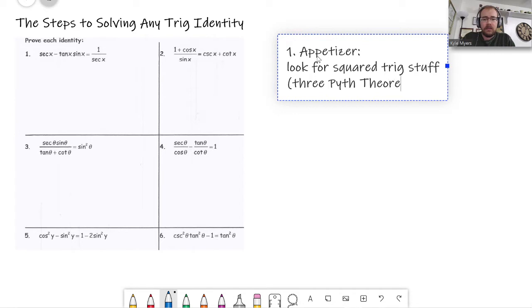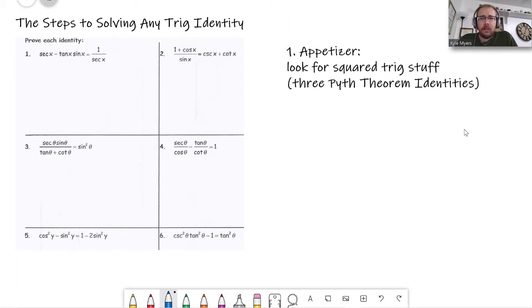Pythagorean theorem identities. They're called the Pythagorean identities because they're based on the Pythagorean theorem. That's sine squared plus cosine squared equals 1, tangent squared plus 1 equals secant squared, and then the other one as well.